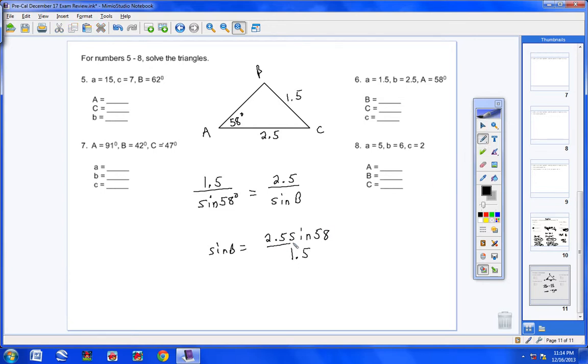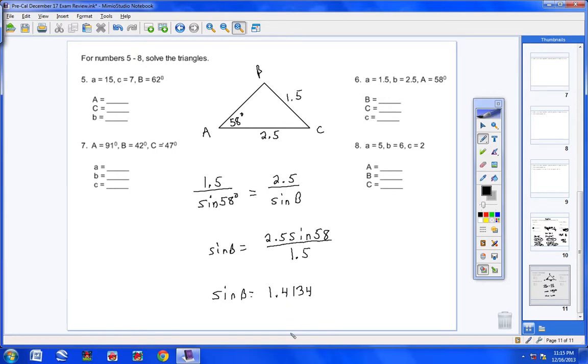Sine of B equals 2.5 sine of 58 over 1.5. Now, if you type that into your calculator correctly, you're going to get this. Sine of B equals 1.4134.